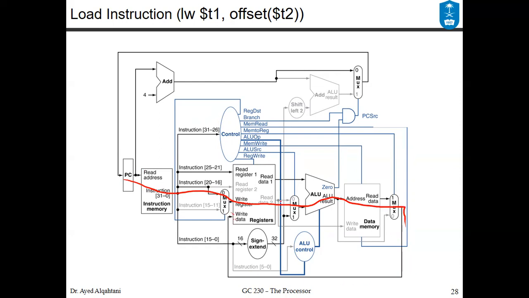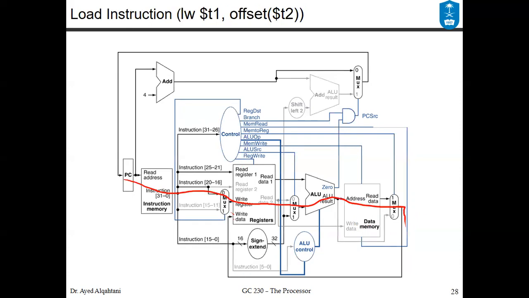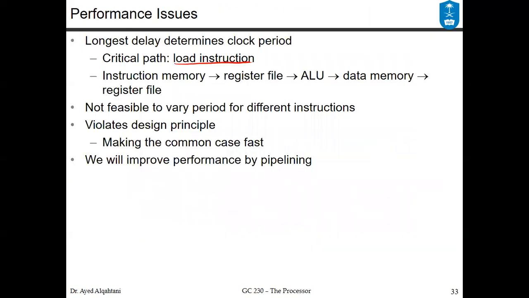So you use all this hardware. This is the longest delay. For example, the add doesn't use the data memory, so it's skipping it. Other instructions skip more hardware. The longest one is the load. So our critical path is the load instruction, because you go from the program counter to the instruction memory to the register file to the ALU to the data memory and back to write to the register file.